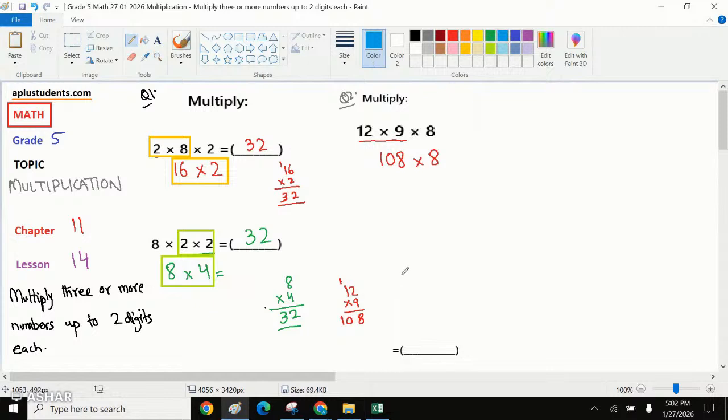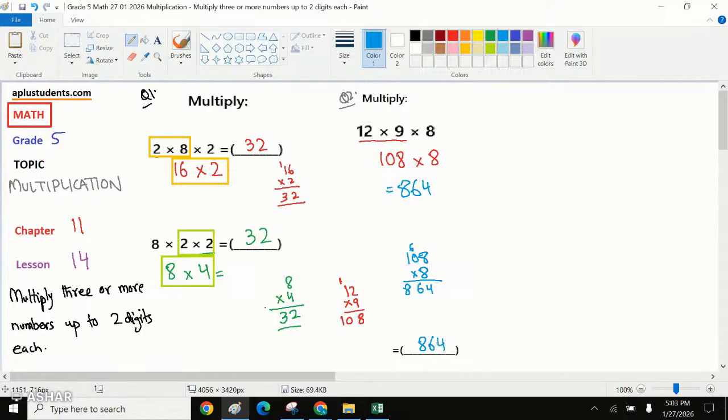108 multiplied by 8. 8 times 8 is 64. So we put down the 4, and we carry the 6. 8 times 0 is 0, and 6, 8 ones are 8. That means this comes out to be 864.